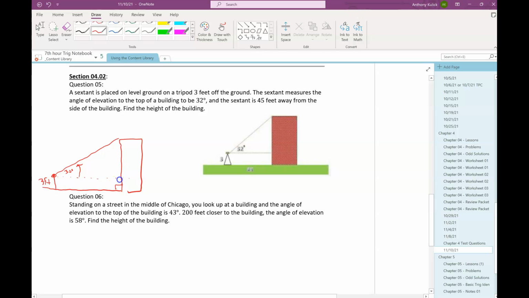We're going to assume buildings are perpendicular to the ground, unless we're talking about the Leaning Tower of Pisa, but that's beyond the scope of this class. The sextant is 45 feet away from the base of the building. What is the height of the building?